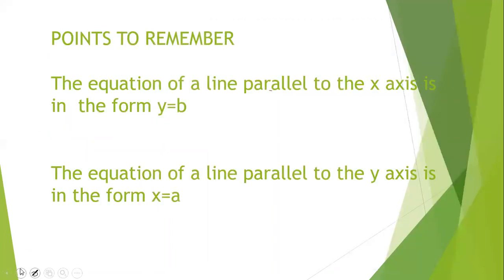Now, points to remember. This we have done just now, and we have to remember these points. First one, the equation of a line parallel to the x-axis is in the form y equal to b. B means the coordinate on the y-axis.